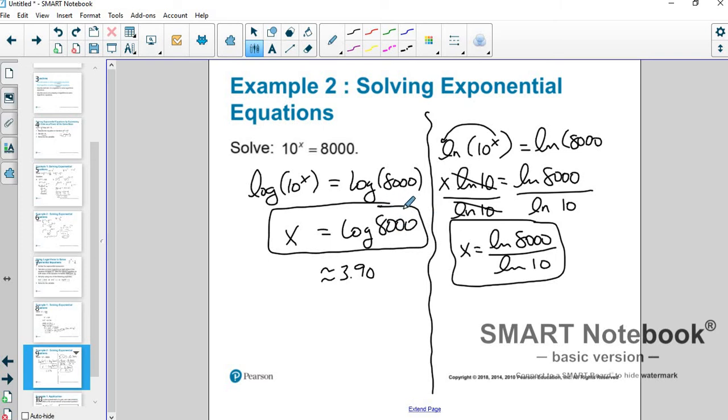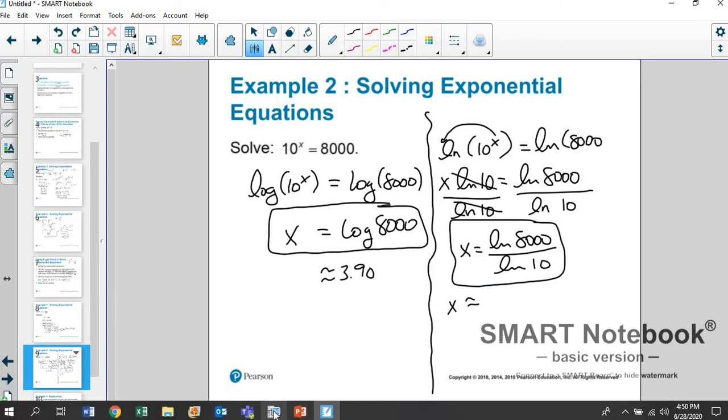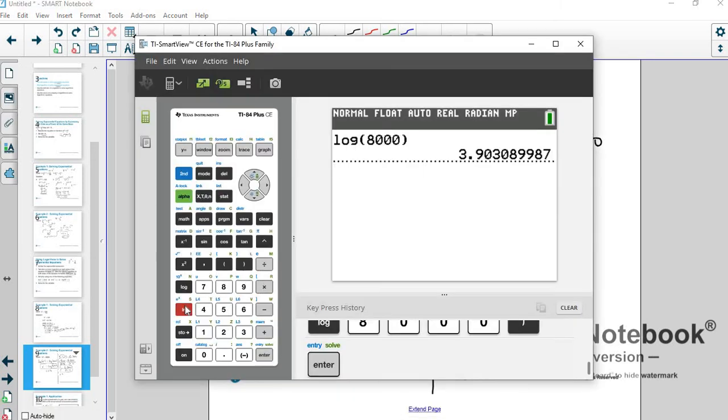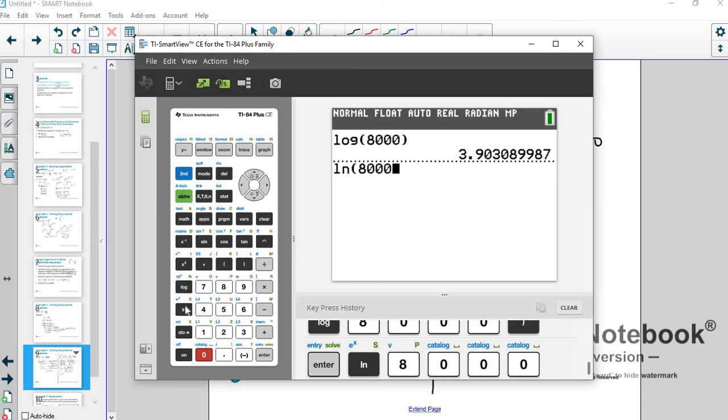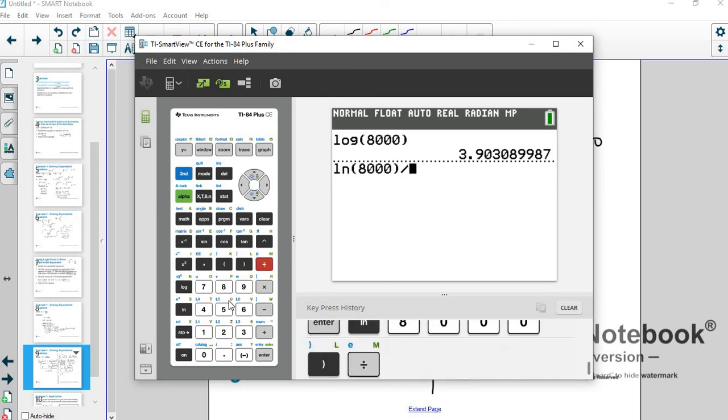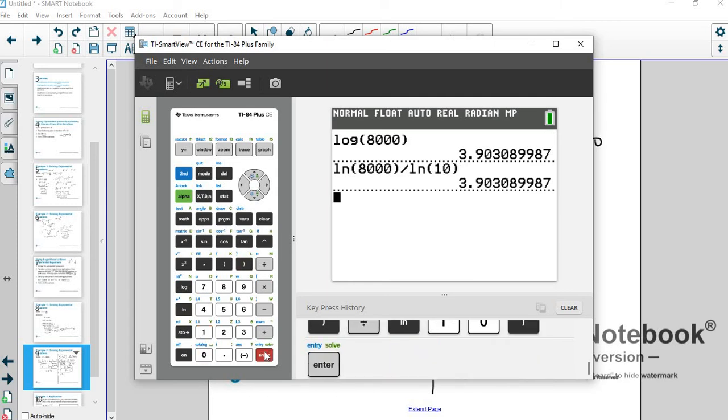But wait, the other one was the exact answer. How can they be both? Well, remember we talked about the change of base formula. When you change the bases, you get this kind of relationship. And so if you plug natural log of 8,000 divided by natural log of 10 into your calculator, it gives you the same thing.